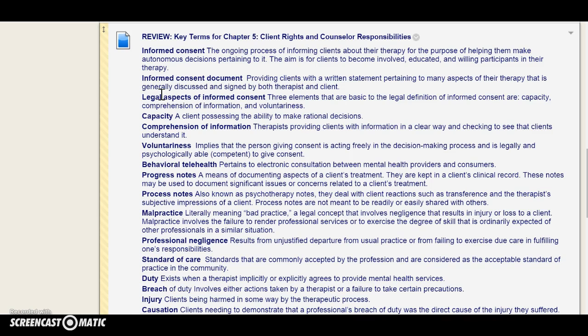So it's an important document, and I think for me, when I've used it in the past, it's helped establish the foundation of the treatment.